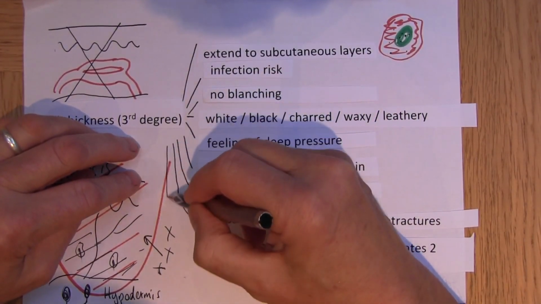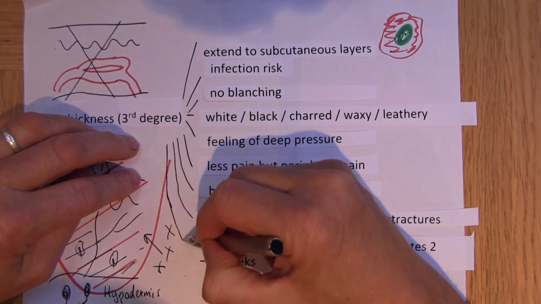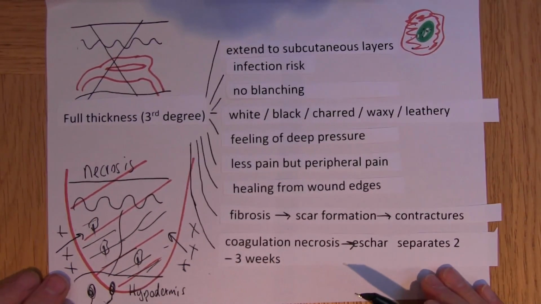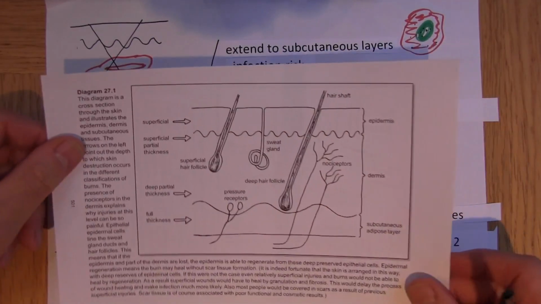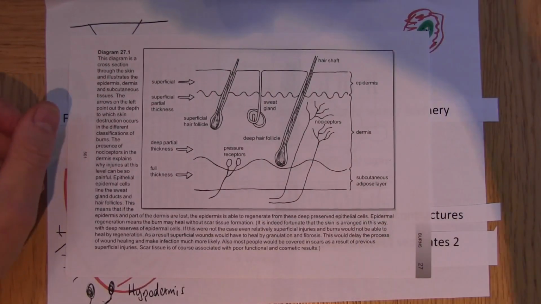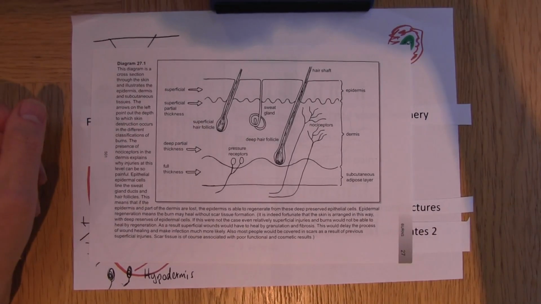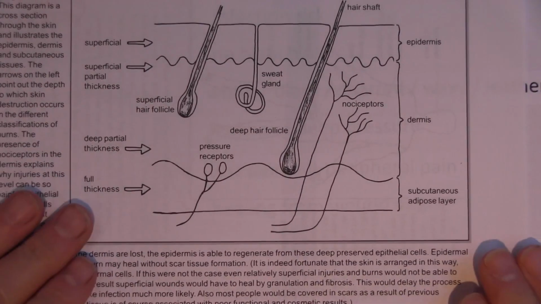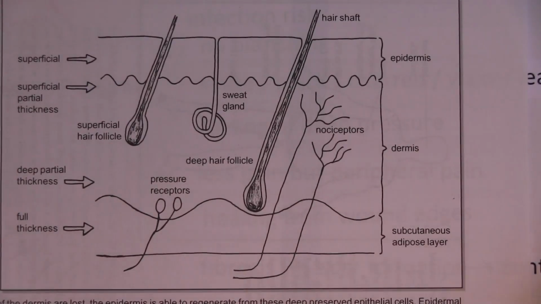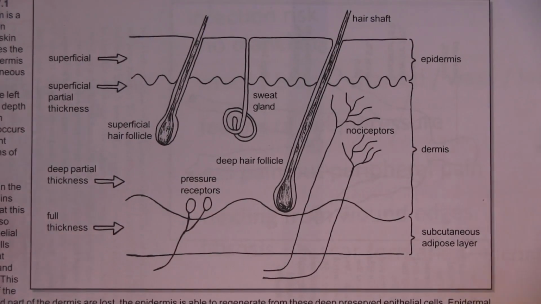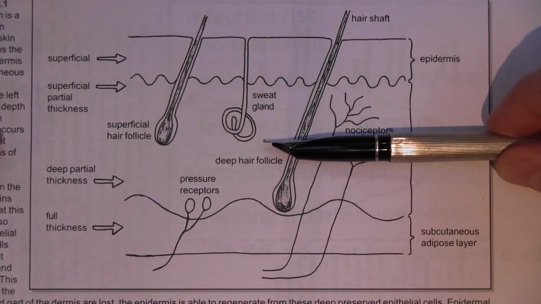So 3rd degree burns, full thickness injury, meaning the full thickness of the skin is lost. And if we think about what that means on this diagram that we've been using from the pathophysiology book again. What it means is everything is lost. The epidermis, the dermis.